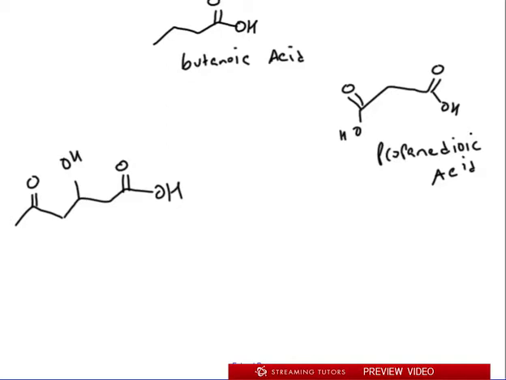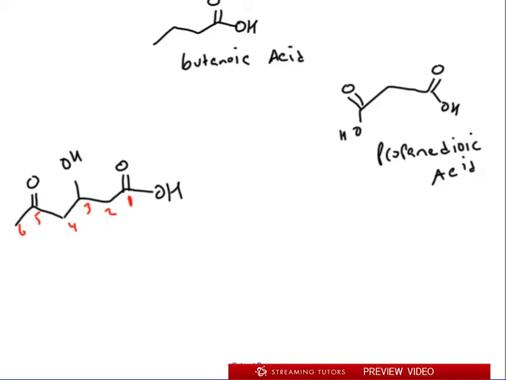So if I was to name this, we're definitely going to number 1 to the carboxylic acid, not to the ketone side or the alcohol, whichever gets a closer number. It's always going to be the carboxylic acid or any of its derivatives. So this is 2, 3, 4, 5, 6. Do you remember that when you name a carbonyl like a ketone or an aldehyde that's not the parent, it's called an oxo?